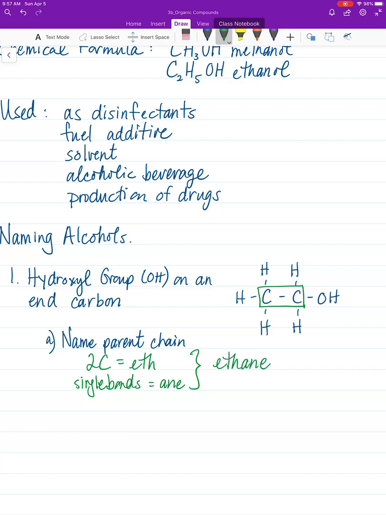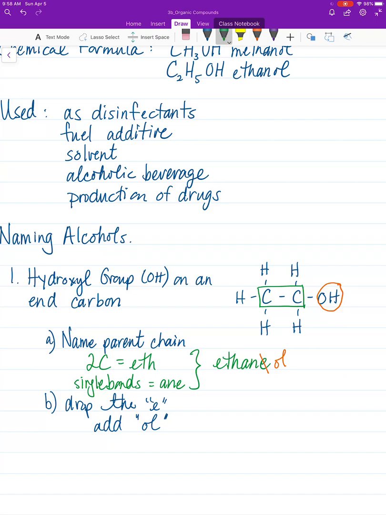Okay, what we're going to do then, the second part of this, is to now drop the E on the end of ethane. And then we're going to add the ending ol. Okay, so once you see this hydroxyl group here, that tells you drop the E, and we're going to add ol instead.